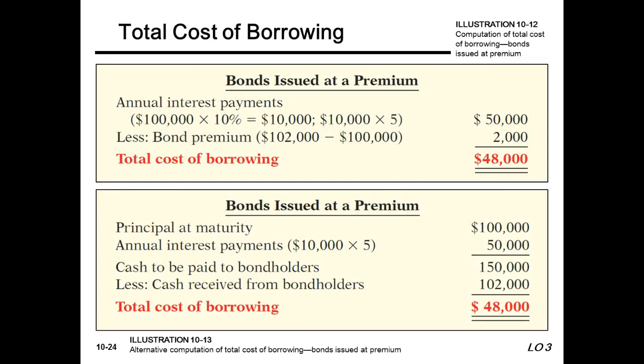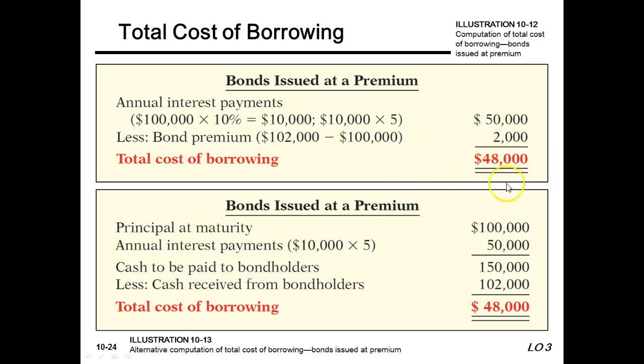So if we look at our bond issued at a premium and we figure out our annual interest payment, we take the face value times the stated rate, and we would get 10,000. And we're going to pay this, it was for a 5-year bond, so that's really 50,000. The premium reduces our bond interest expense, and it was 2,000.